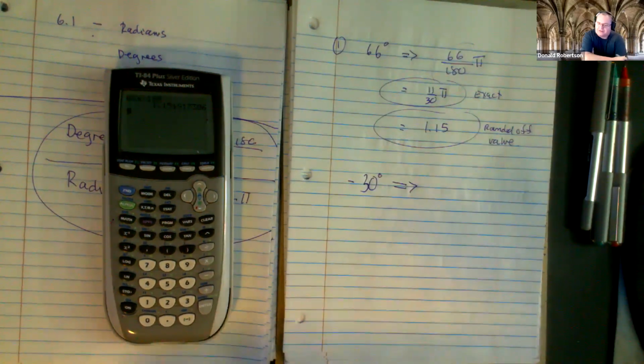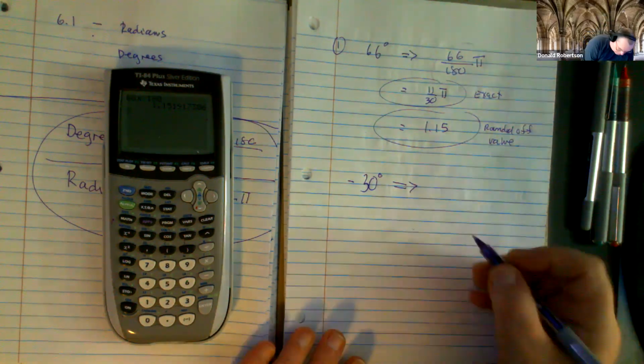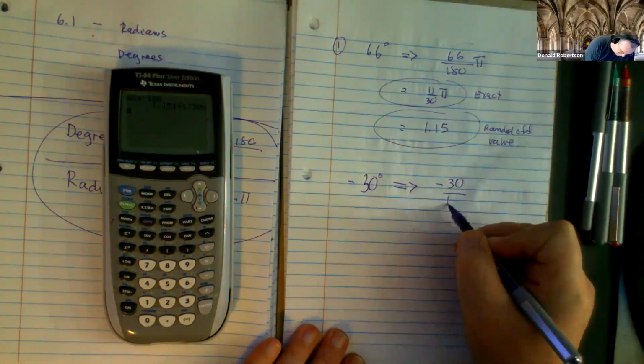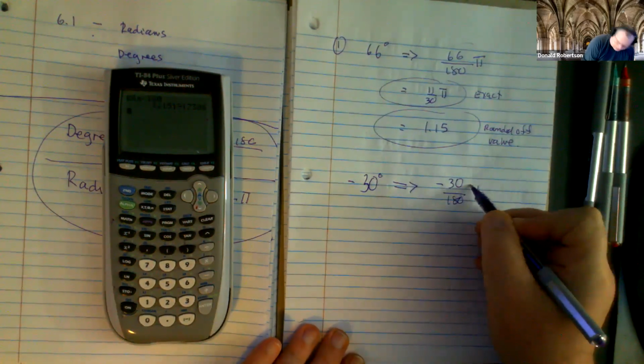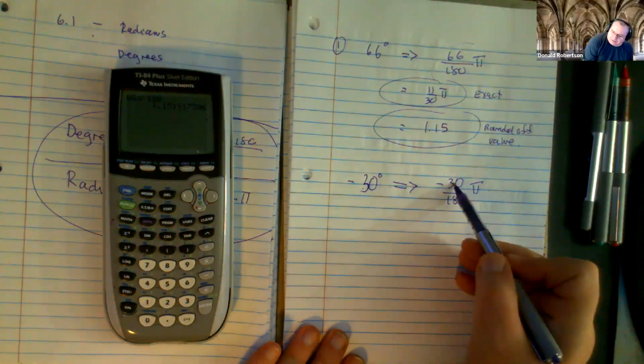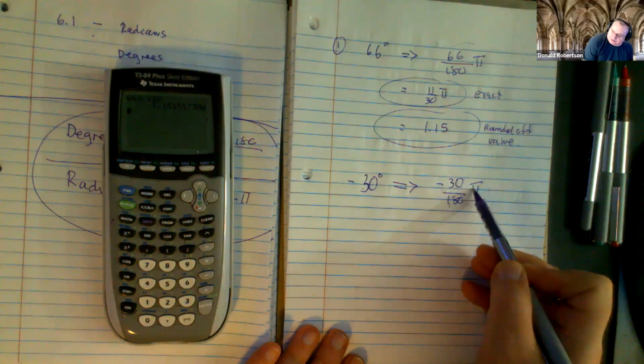I want to turn -30 degrees into radians. Well, isn't it the angle over 180 pi? Agreed. -30 goes here. Divide by 180 times pi.